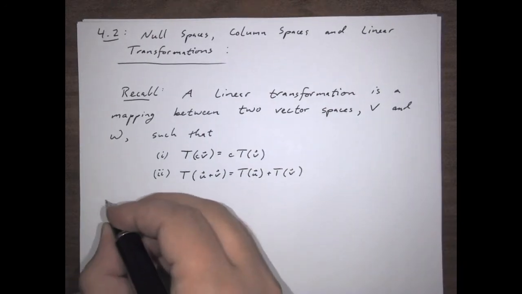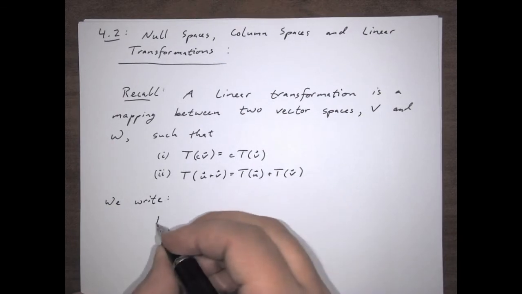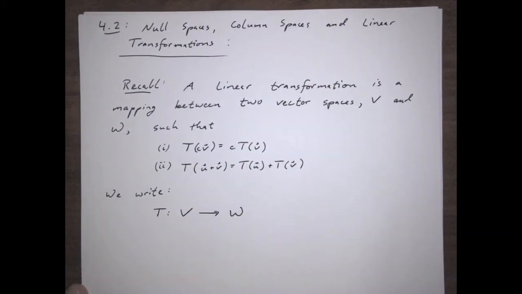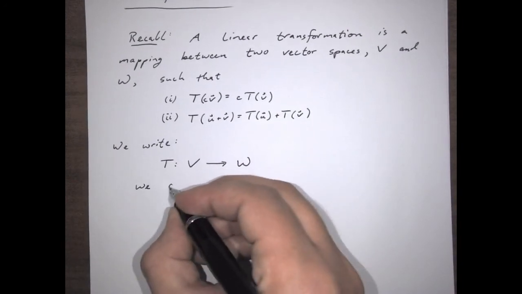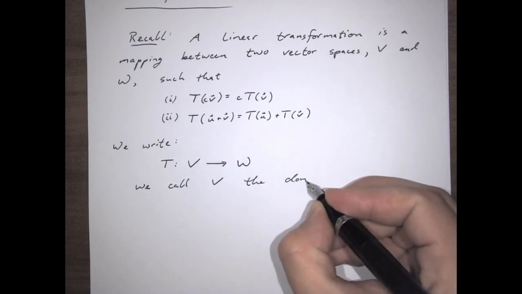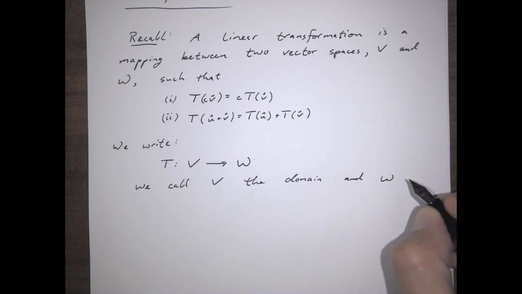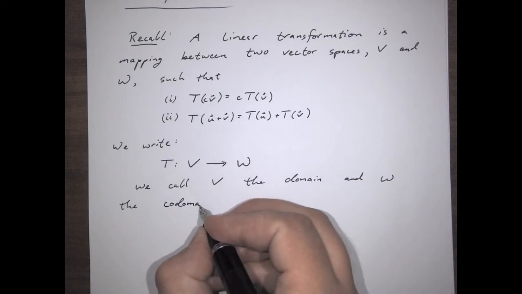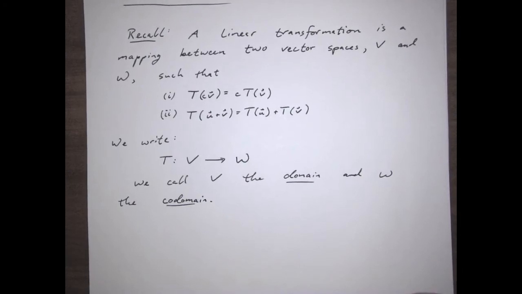And we write T maps from V to W like so, and we call V the domain and W the codomain. Also, in the past, the codomain has been called the converse domain.